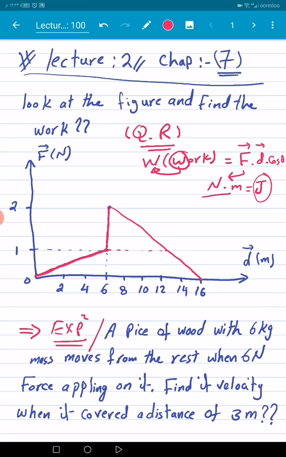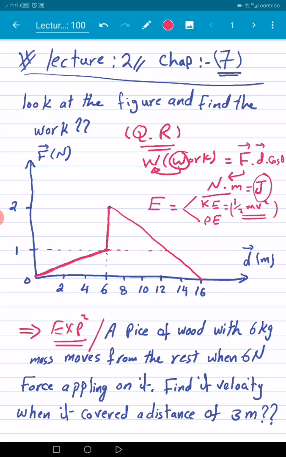Then we discussed two important types of energy: kinetic energy and potential energy. Kinetic energy is the energy when objects move, and it is equal to half m v squared. In this lecture we prove this equation.